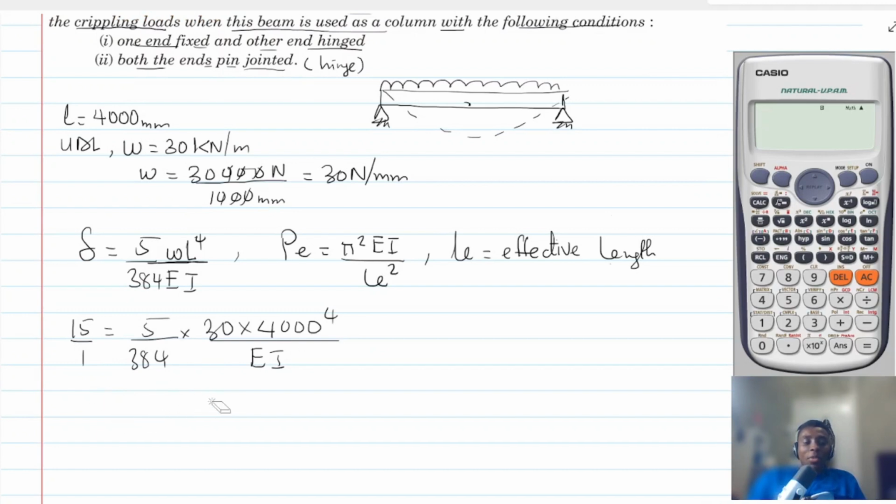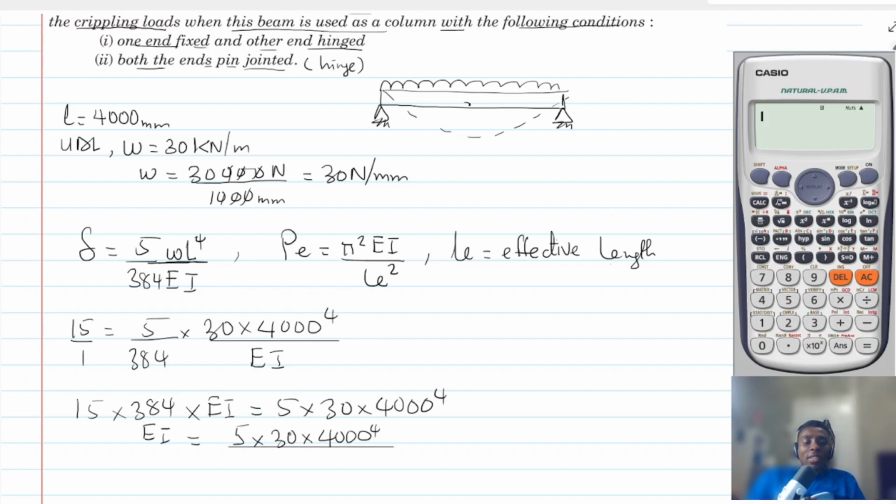Making EI the subject is pretty simple. 15 multiplied by 384 multiplied by EI will be equal to 5 multiplied by 30 multiplied by 4,000 to the power 4.